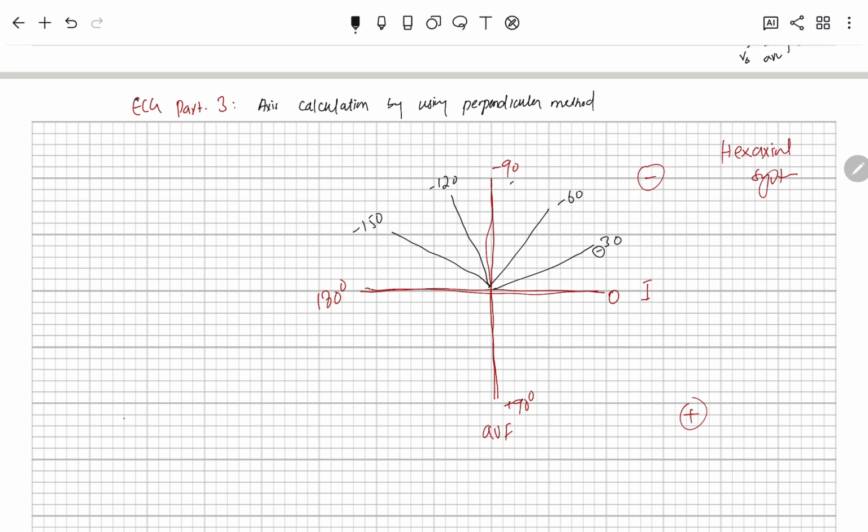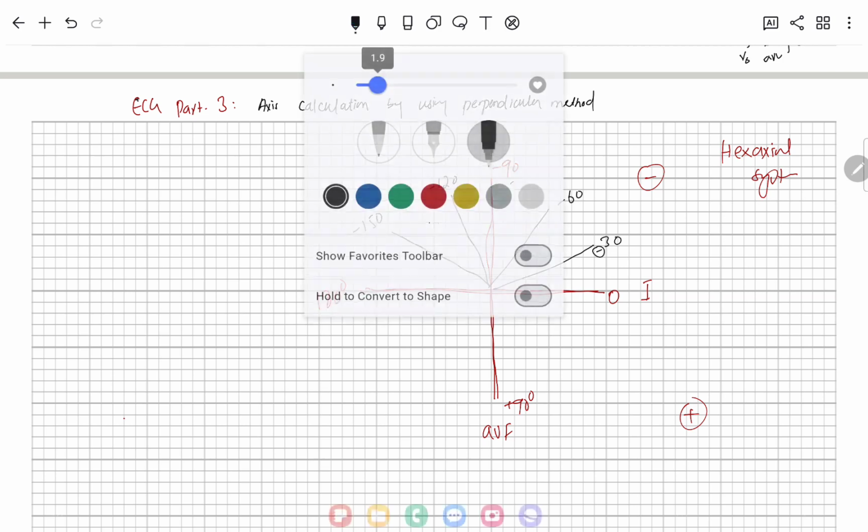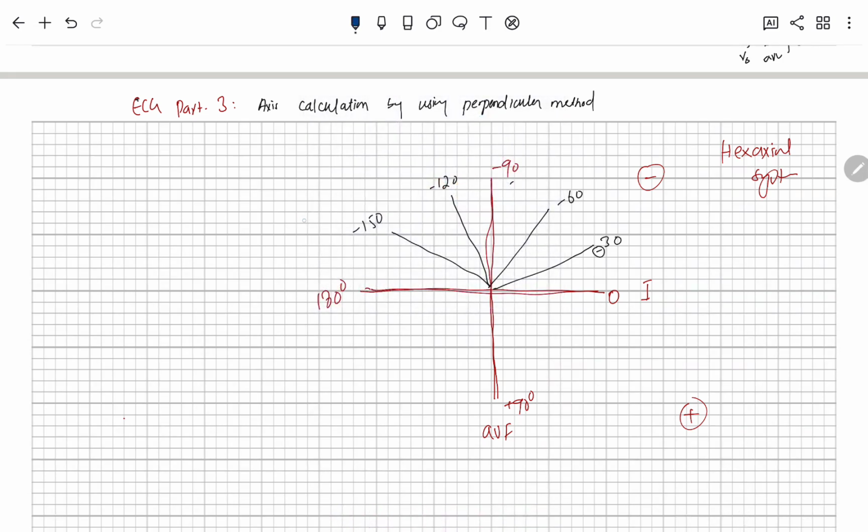So we'll have two leads here: AVR, which is present at minus 150, and lead AVL, placed at minus 30 degrees. AVF is definitely at plus 90.